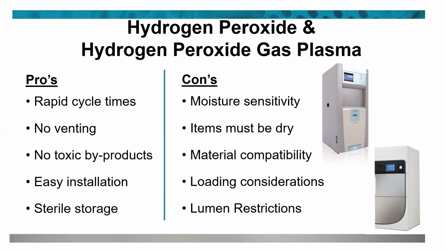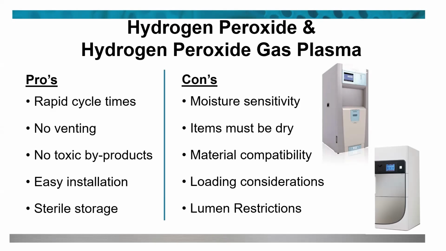We also want to make sure that we don't have any towels or any kind of paper in there. Material compatibility, as I said earlier, some things are not compatible, but we're finding out as we test more and more things that they are becoming more compatible. It's a lot better today than it was 5 or 6 years ago, so we're seeing more things that can go in there.